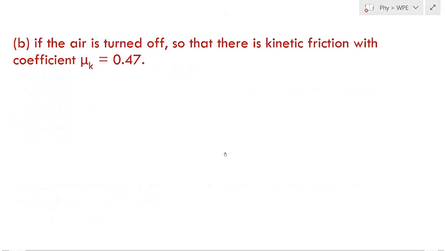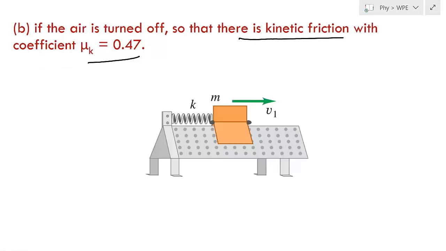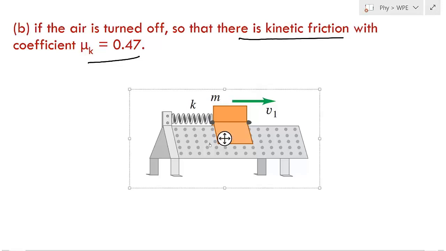If the air is turned off so that there is a kinetic friction with a friction coefficient of 0.47. So now what will happen in this case? Earlier there was no friction because there was air coming through these vents, but now there is no air coming, so friction will act. The friction will try to oppose the motion of the glider.